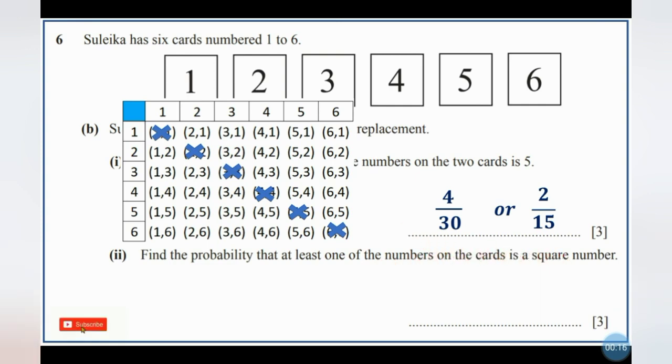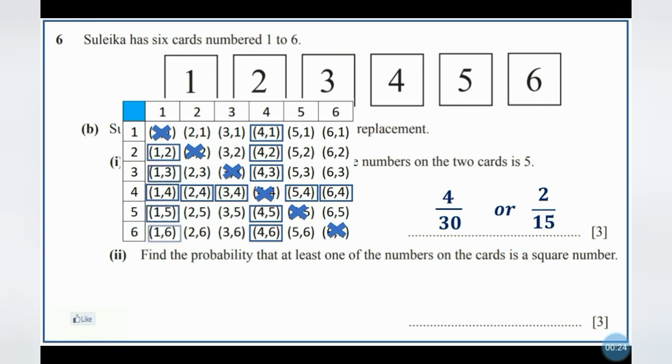So I can have 4 and 1, 4 and 2, 4 and 3, 4 and 5, 5 and 4, 6 and 4, 3 and 4, 2 and 4, 1 and 2, 1 and 3, 1 and 4, 1 and 5, 2 and 1, 3 and 1, 5 and 1, and 6 and 1.